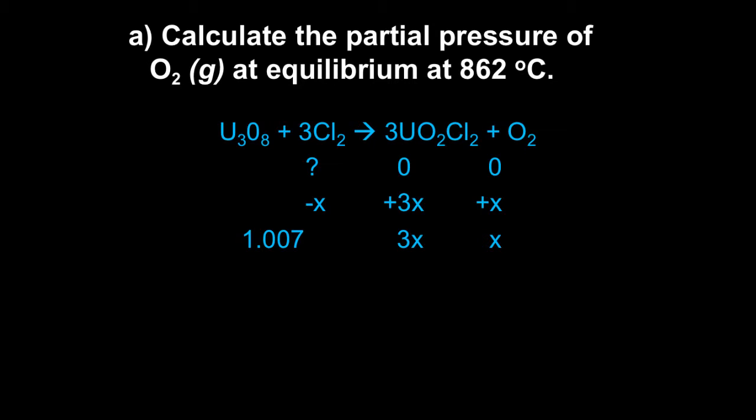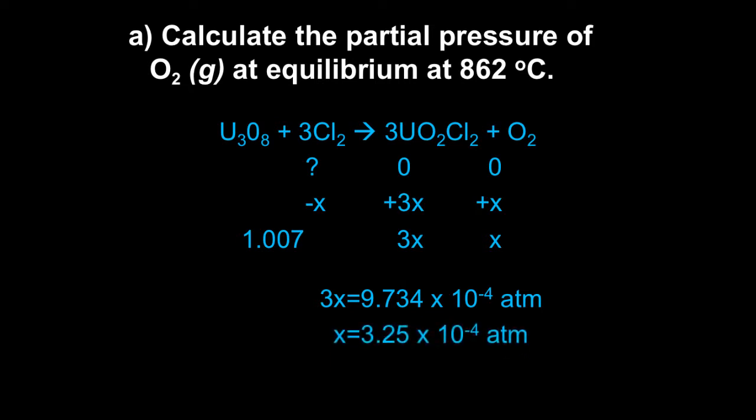For 3x because UO2Cl2 has a coefficient of 3, and O2 has 1, so we're going to add 3x and x, and 1.007 is given, and we're going to set 3x equal to 9.734 times 10 to the negative 4 atm, which is also a given.